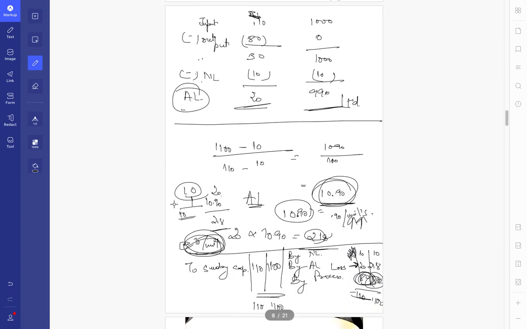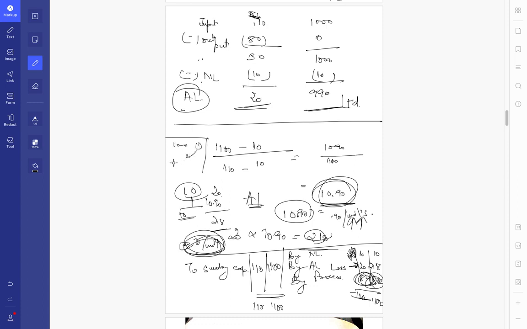Now remember that not always will you have both next process and process stock account. You won't have both at the same time. You may have either one of them, because let's say you have 100 units of output in one process, you transfer it to the next, you transfer 100 units, you manufacture 90 out of it.